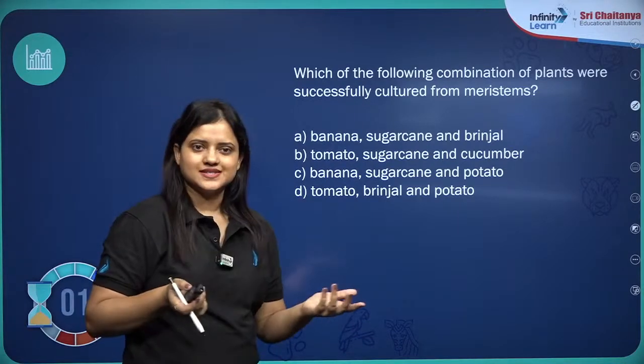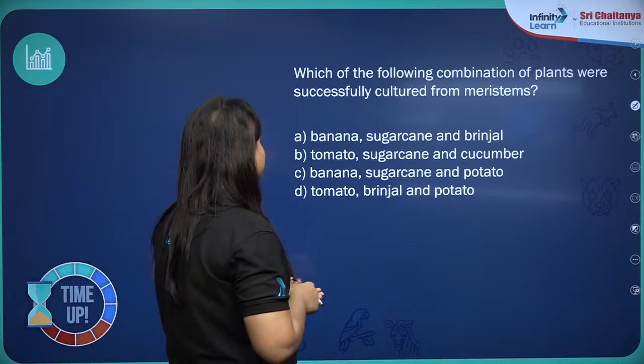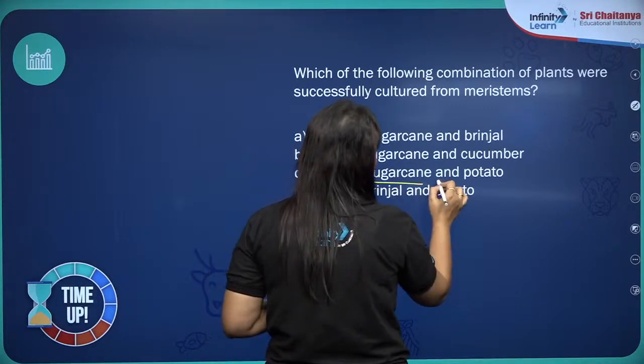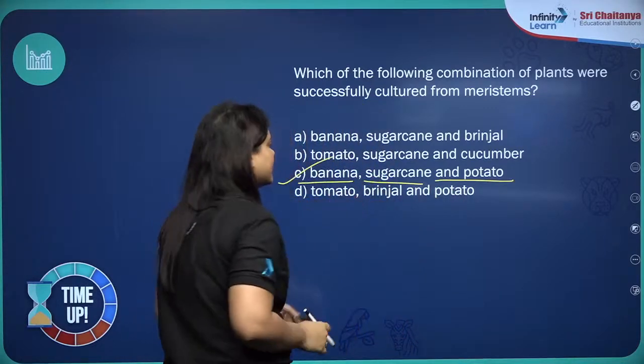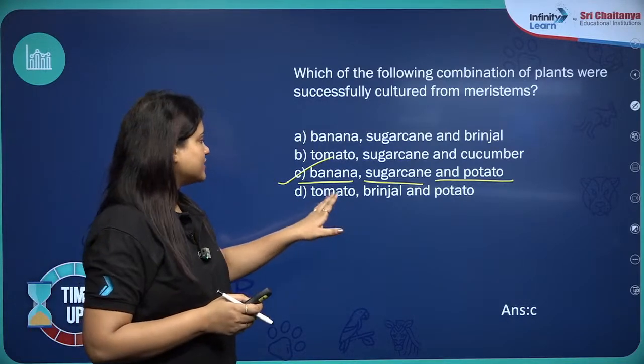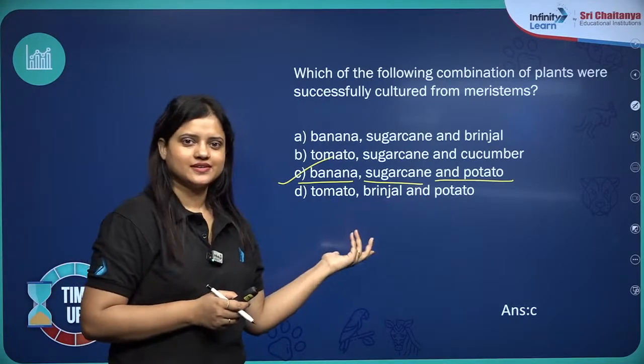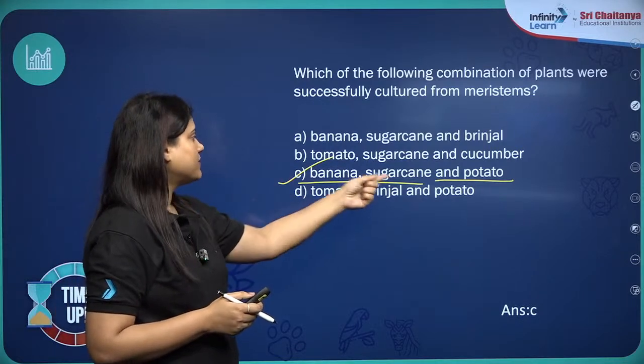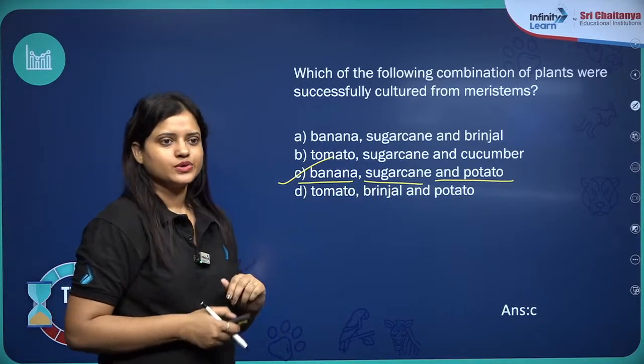Those who don't have seeds. Very simple. So banana, sugarcane, potato should be the answer. The answer should be C. Yes. So बाकी सब में तो seeds होंगे. Right? So it will be banana, sugarcane and potato.